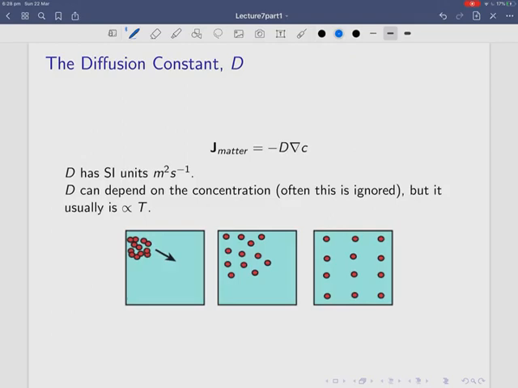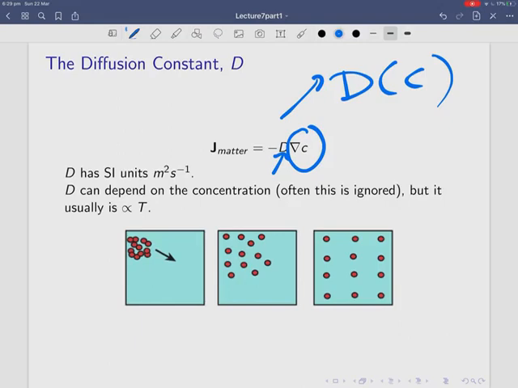Right, now, I've told you that the matter current density is proportional to the negative of the concentration gradient. I haven't told you what the proportionality constant is, and that turns out to be something called the diffusion constant, which is normally given the symbol big D. It has units of meters squared per second in SI units, and D can itself depend on all kinds of factors, including the concentration, but often we'll ignore the concentration dependence of D. So sometimes you'll find D is a function of C. We'll normally ignore that.